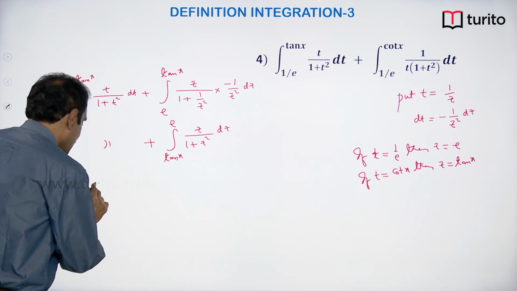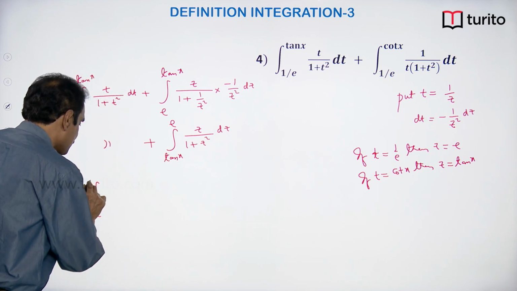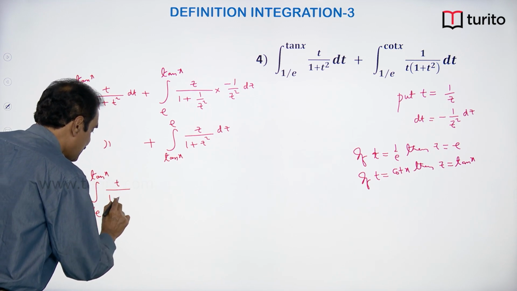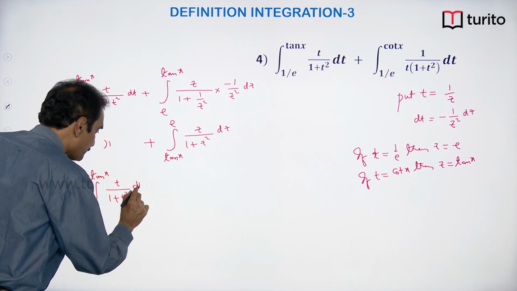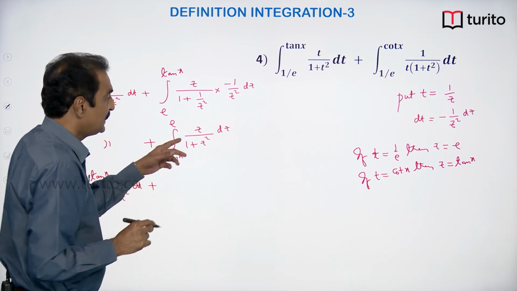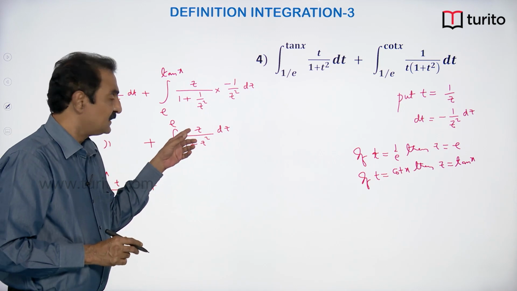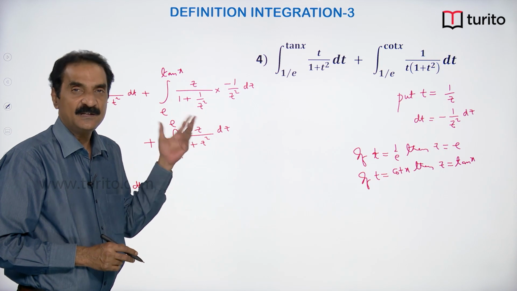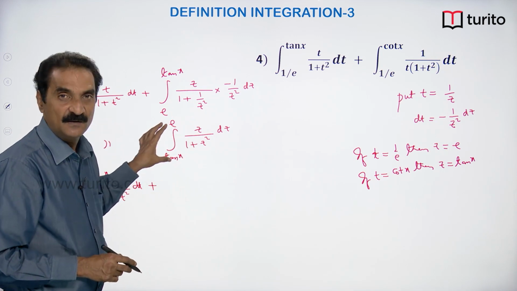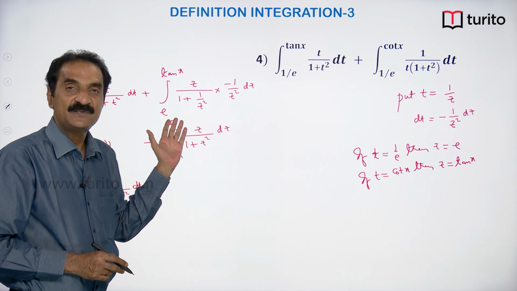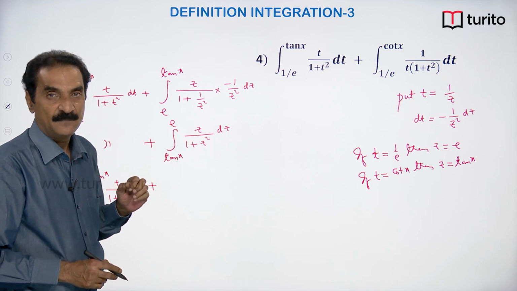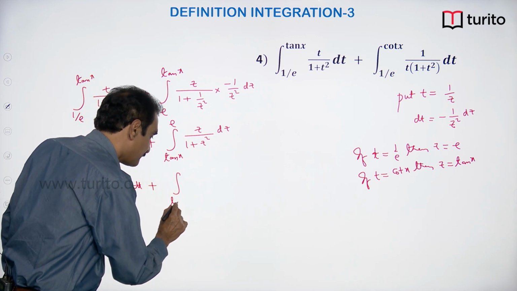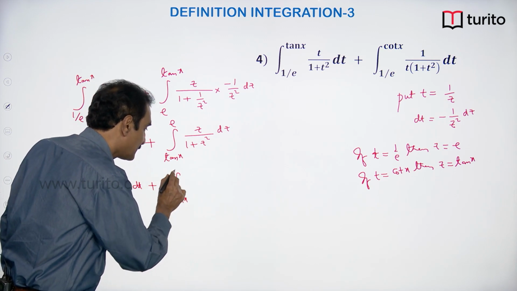Now, integral 1 by e to tan x of t by 1 plus t square dt plus, we know that we can replace z by x or t or y, anything, without changing the function, without changing the limits, we can replace z by any other letter. Okay. So, I will replace z by t now.